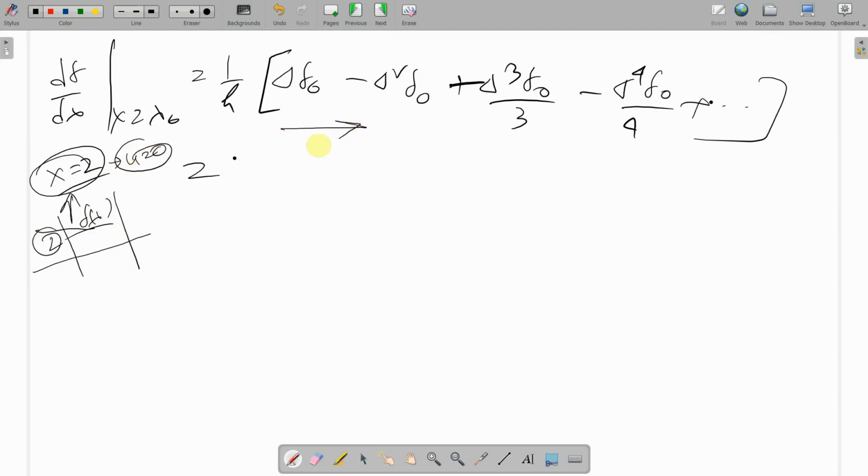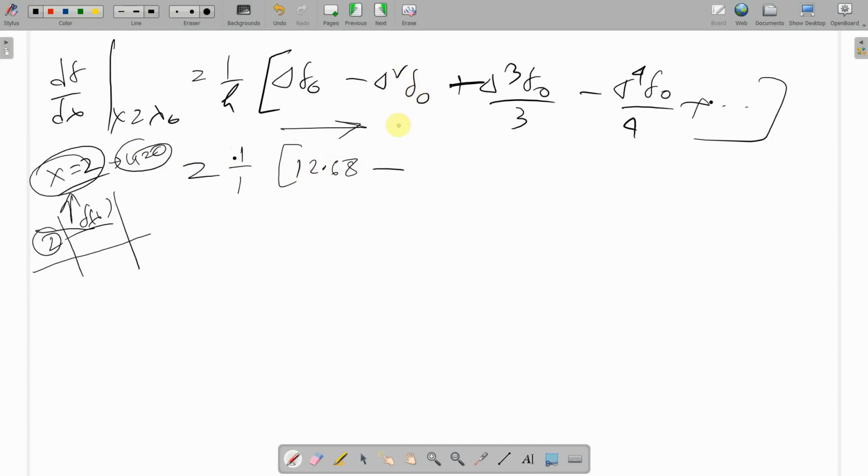Forward formula. Now 1/h. Now tell me the values. Delta f0 मैंने तो पूछ दिया हूँ. What was the value of delta f0? 12.68.